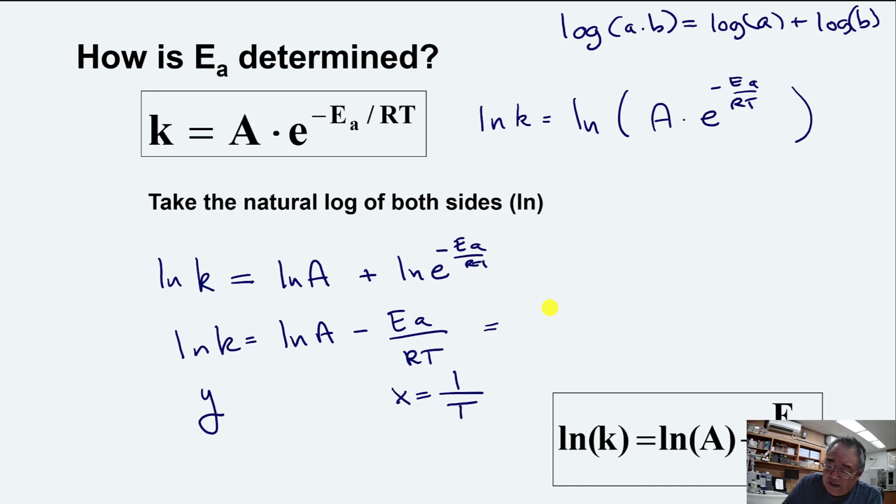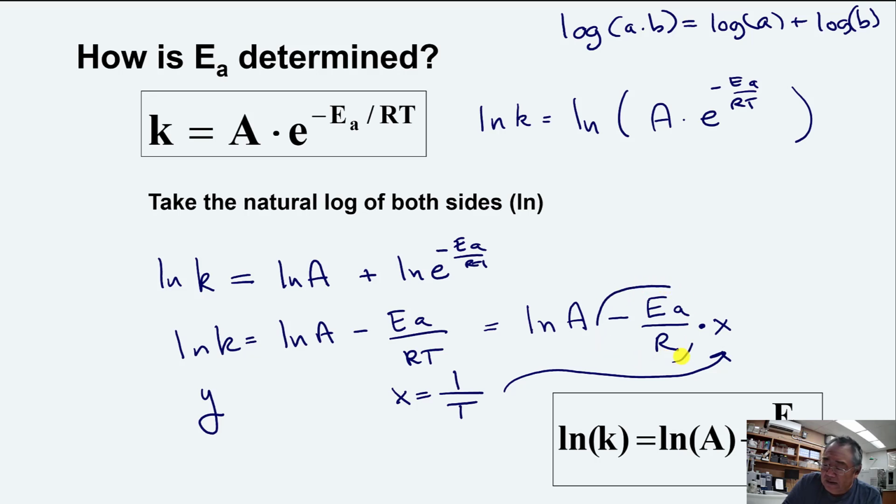This would give me ln of A minus Ea over R times x, but x is 1 over T. So this is your y value, that's your x value, this is your slope. Just like we did in zero order, first order and second order reactions, we're going to use the slope to figure out what something is. In this case, the activation energy divided by R.